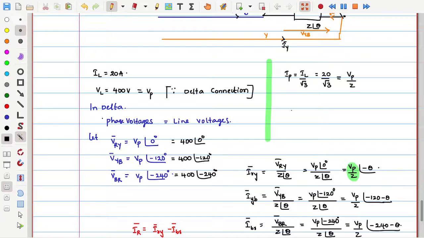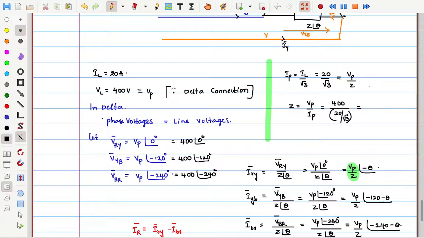So now we can get the Z magnitude. So how much is the Z magnitude? Now can you tell me? Z is equal to VP divided by IP. So VP is equal to 400. IP is equal to IL by root 3, which is 20 by root 3. How much is this value? Let me check.